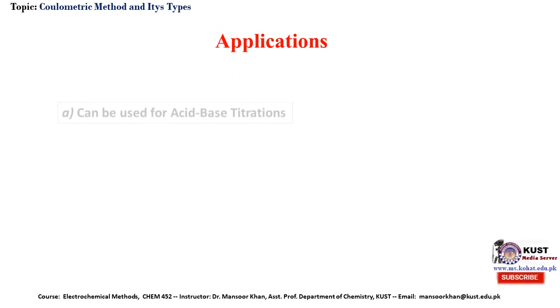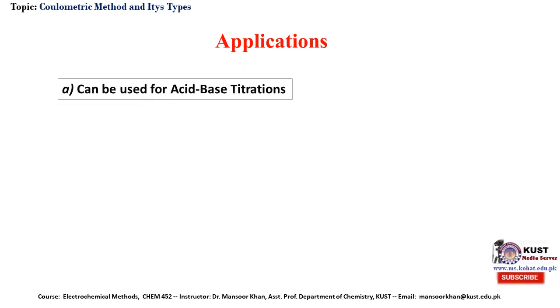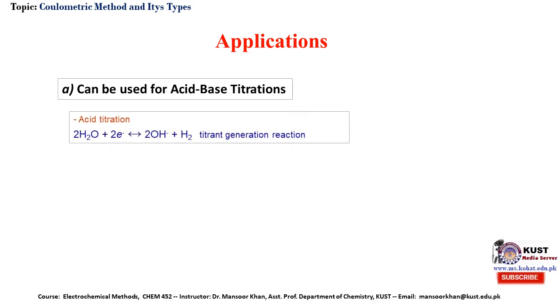Applications. The first application of colorimetric titration is that it can be used for acid-base titration. In acid-base titration, a neutralization reaction takes place.